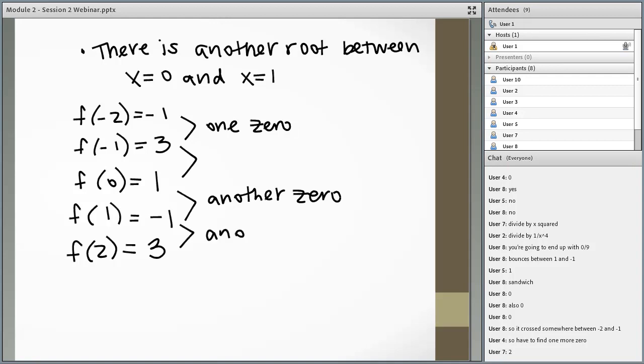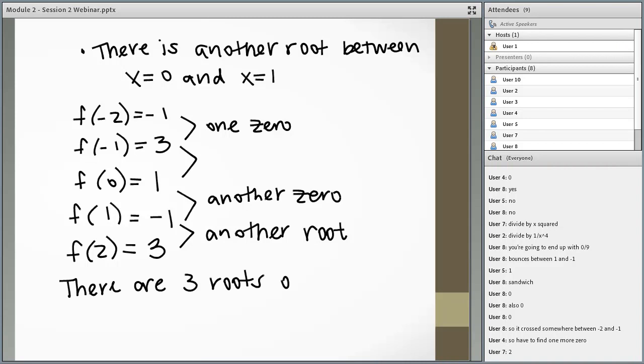Which means I get another 0, the third 0, or root. So we can conclude that there are 3 zeros, or roots. So this function had to cross the x-axis 3 different times.